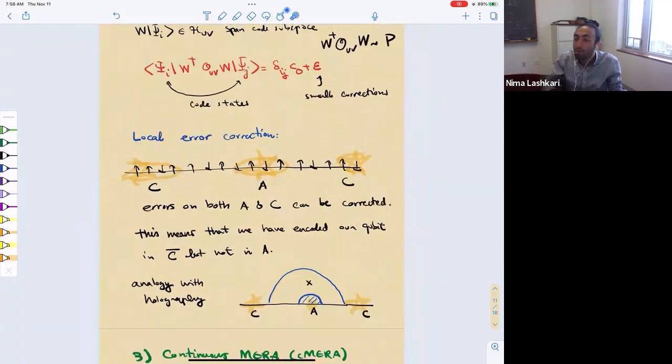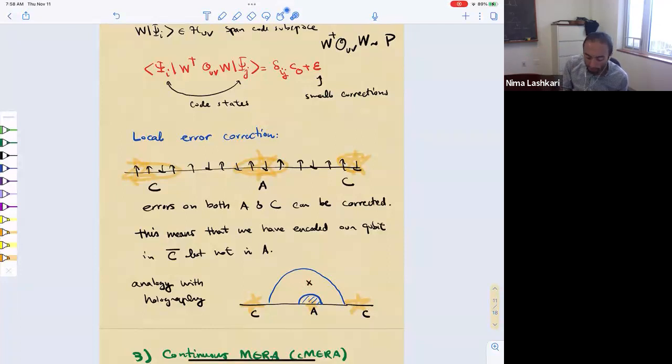Now let me say one more thing, which is very important in this story. What we would like is not just quantum error correction, we would like local error correction, because what we would like is a situation like holography. We would like to encode a qubit here.